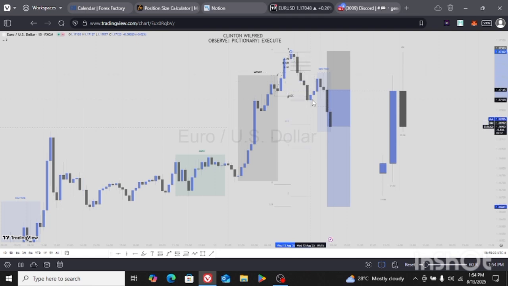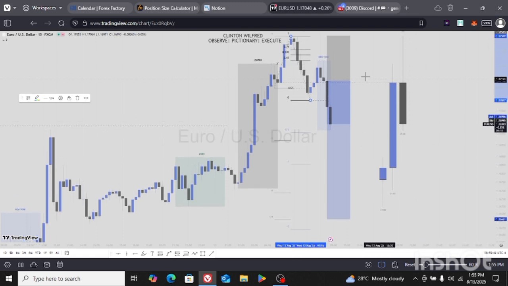Okay, now we have this automatic entry. This point is that, okay? That's 62, right? Why am I seeing different things?